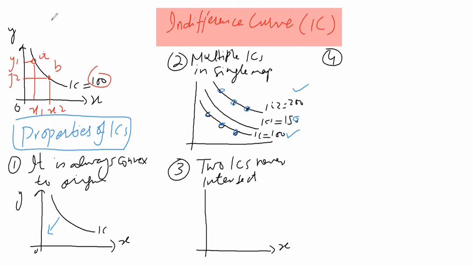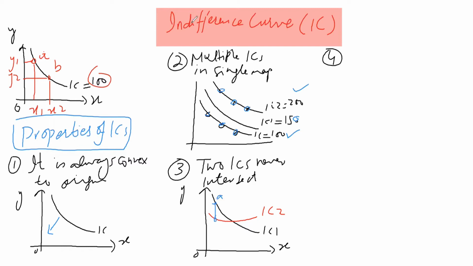Next is properties of indifference curve. The first property is that it is always convex to the origin. Convex to the origin means that every combination will give the same level of satisfaction. You can relate this concept with the unitary demand curve, which you discussed in AS level.